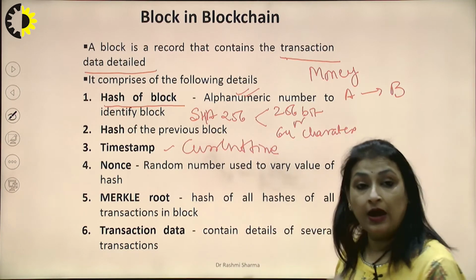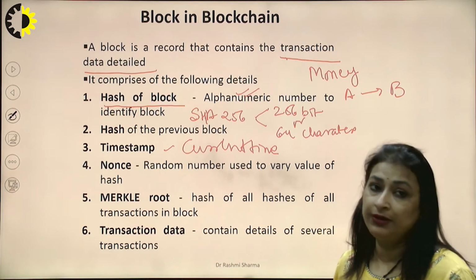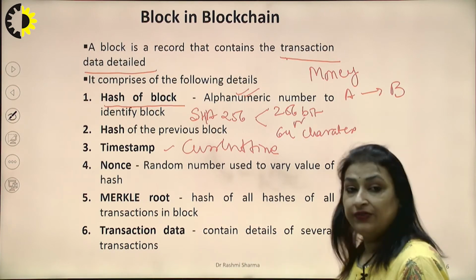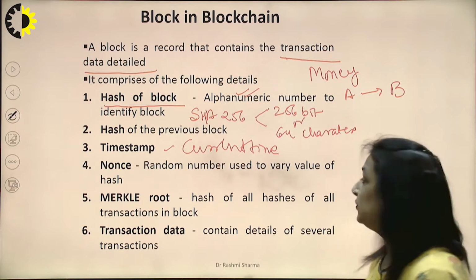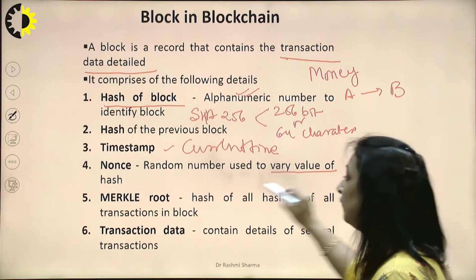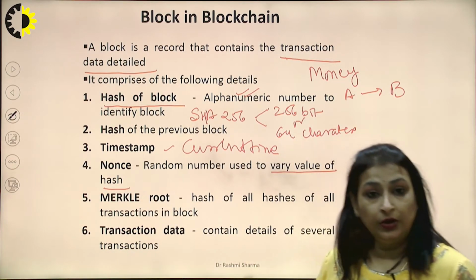Obviously, it is in hours, minutes, seconds, and sometimes in milliseconds also. The nonce, as we have discussed, is a random number which is used to vary the value of the hash.